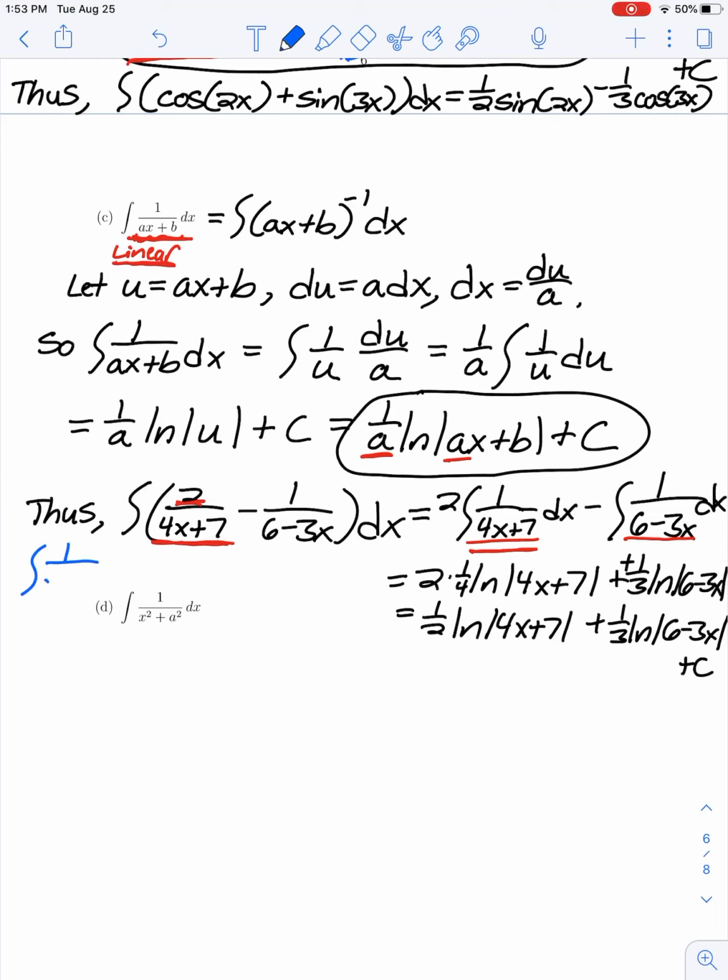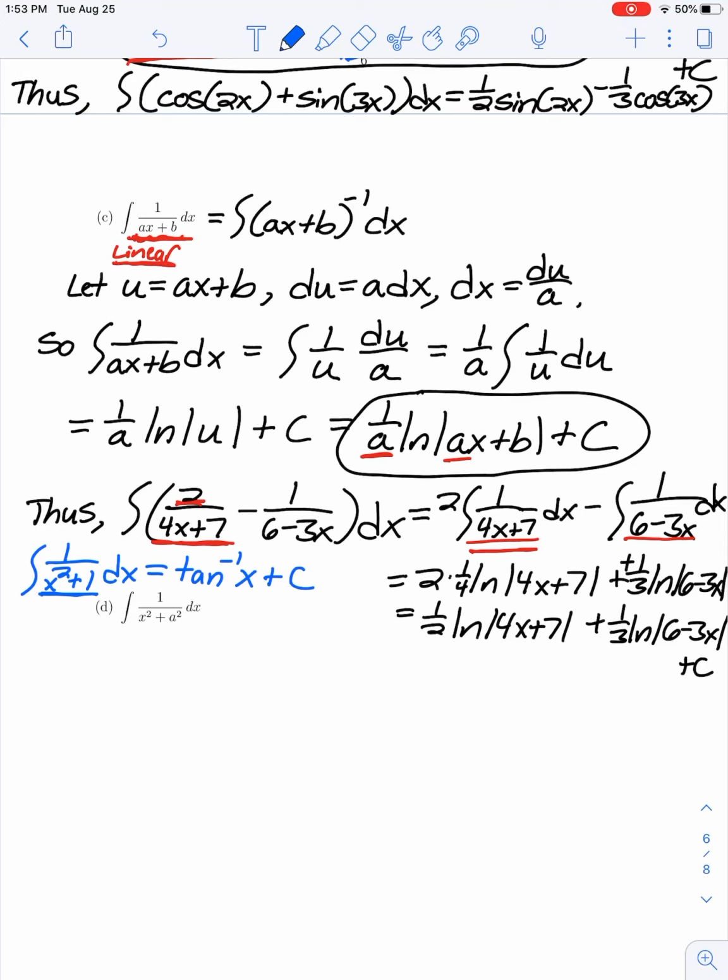So the antiderivative that we're going to make use of is the following. The integral of 1 over x squared plus 1 dx is arctangent of x plus c. Because remember, the derivative of the arctangent function is this 1 over x squared plus 1.